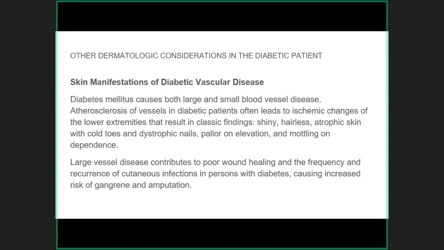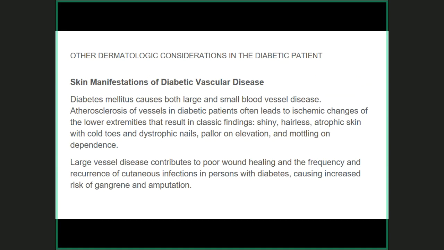So, what are the skin manifestations of diabetic vascular disease? Some of these I'm going to run through quickly because we have a couple of things to go over at the end. Diabetes causes both large and small blood vessel disease. So if you have atherosclerosis of the bigger vessels, peripheral arterial disease, you would have shiny, hairless, atrophic skin, cold toes, dystrophic nails, pallor when you elevate the foot, and mottling on dependence.